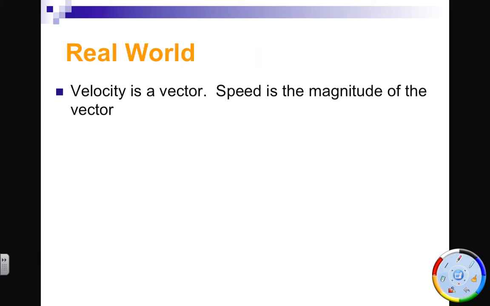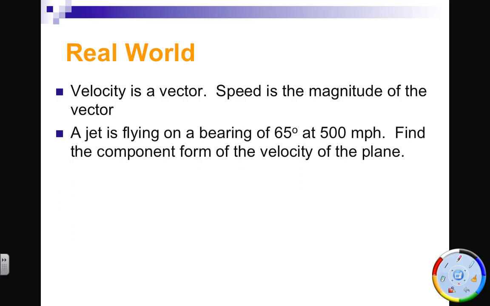Let's look at least at the first real world example here. Velocity is a vector, so we can represent speed as being the magnitude of the vector. If a jet is flying at a bearing, so again, that bearing word comes into play, of 65 degrees at 500 miles per hour, what's the component form of the velocity of the plane?